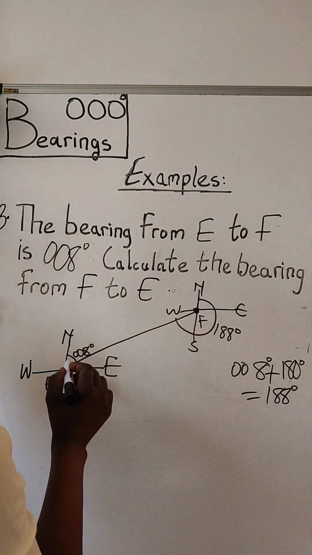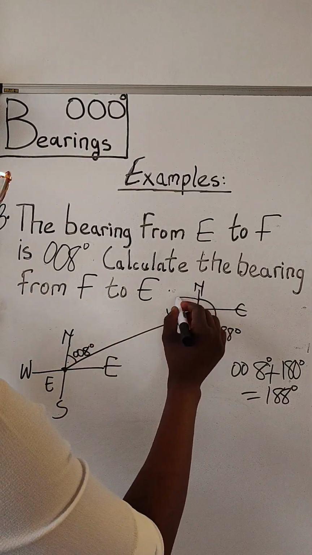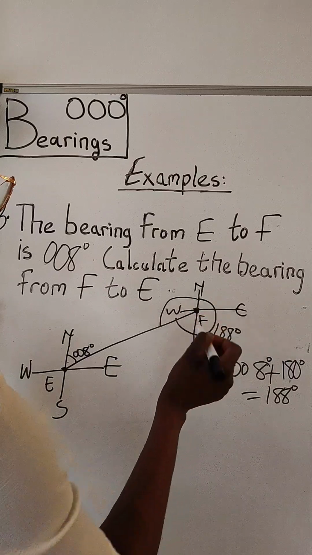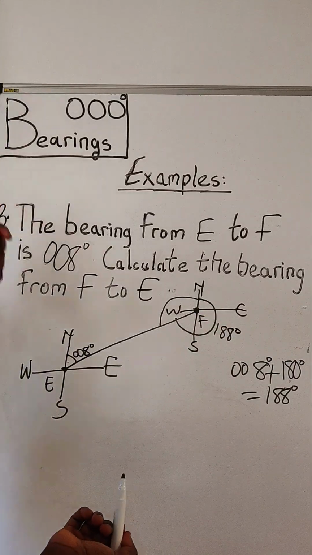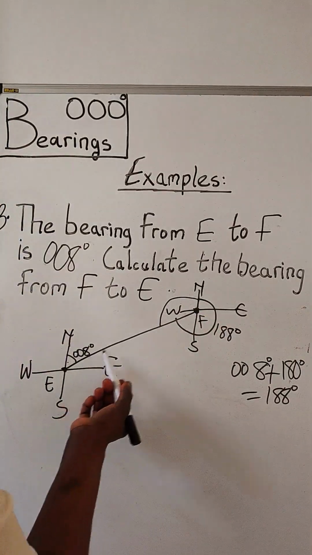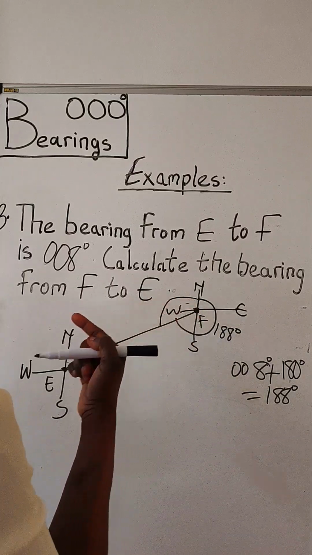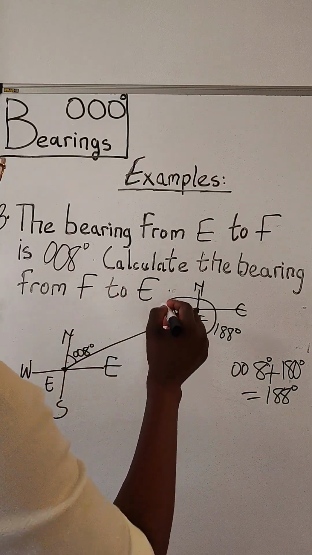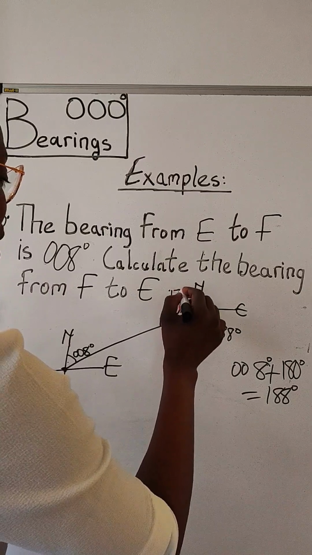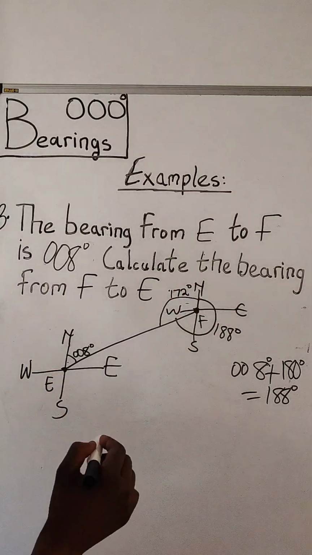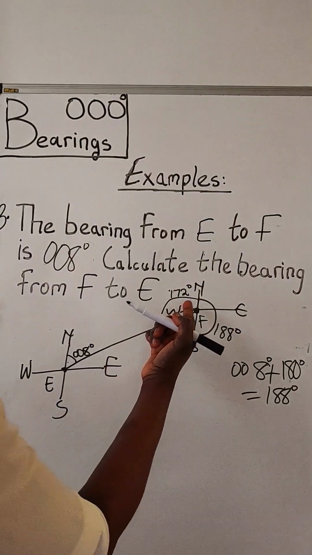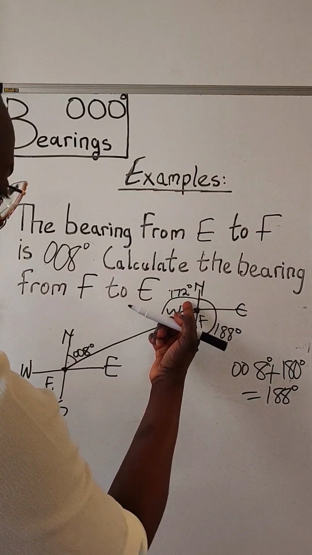The angle here and this angle here add up to be 180 degrees. So if we have 8 degrees here, to get the remaining angle, we take away 8 from 180 degrees, which results into 172 degrees. So the co-interior angle C is 172 degrees.